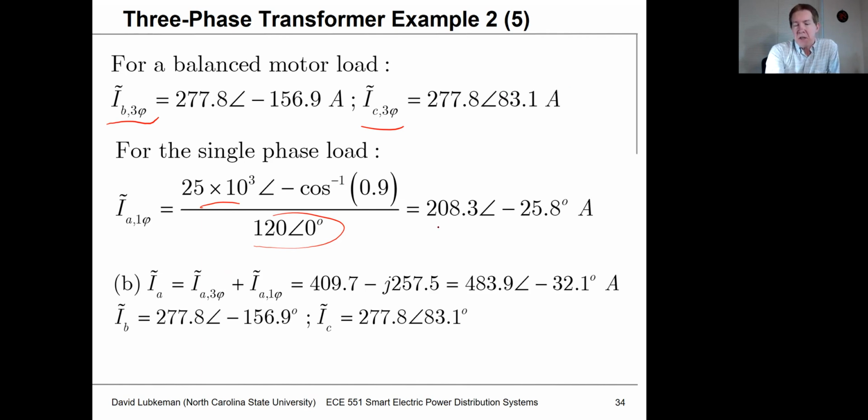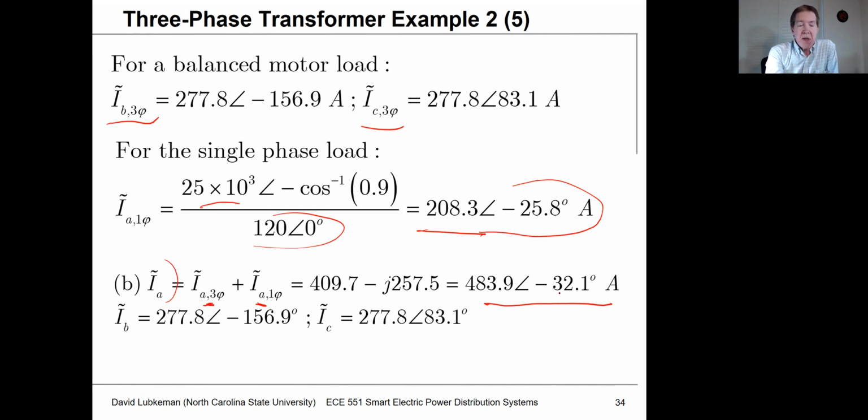And this gives me a current of 208.3 at an angle minus 25.8 degrees. Now to get the net phase A current, I take the contribution of the three phase and the single phase, add those two up, this gives me 483.9 at minus 32.1 degrees.